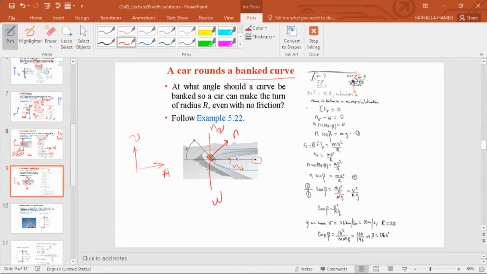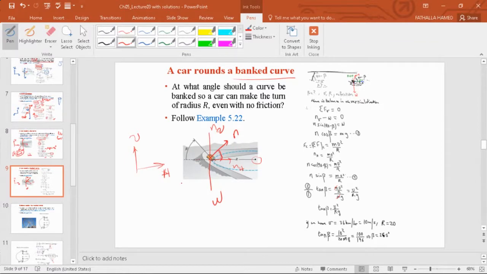Now we can include the friction as well here, and the friction also will have two components, but we're going to leave it for now. So if I look at the angle that this normal force makes, I can look at the angle that it either makes with the vertical or the horizontal. Well, this angle here is going to be 90 minus beta.